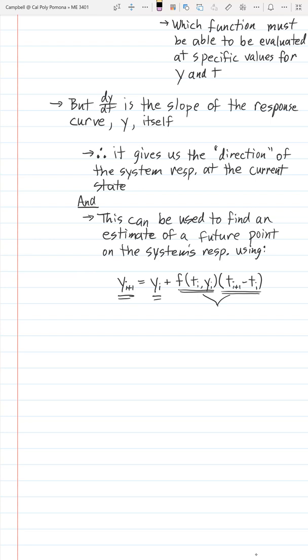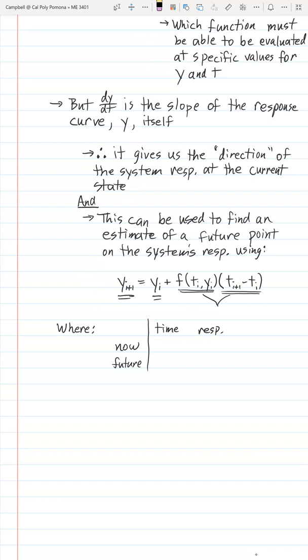So let's go ahead and capture some of this. So we have our now, we have our future, we have our time, we have our response. And here I'll go ahead and shorten down response, where of course response is y.